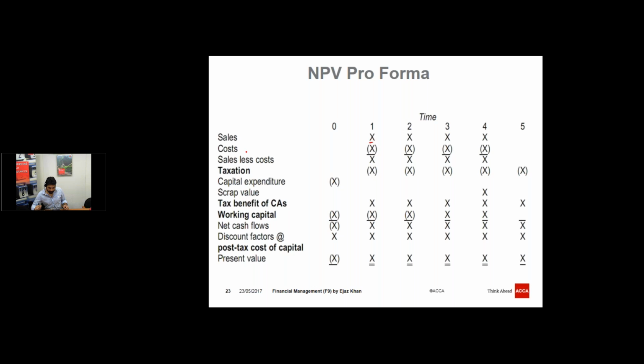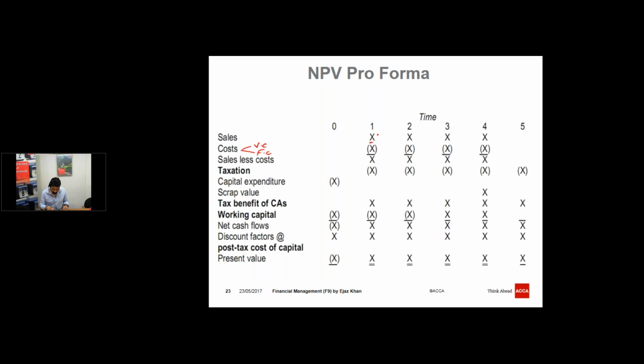If the fixed costs are not affected by the project, then those fixed costs will be irrelevant because they will have nothing to do with the project. But in case the question is silent, or the question states that the fixed cost will be incremental fixed cost, then we must consider those cash flows as well. So the costs should be variable cost and fixed cost usually.